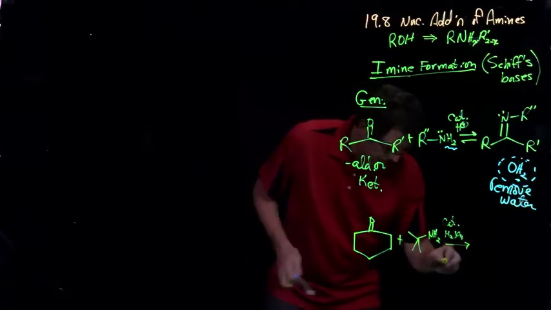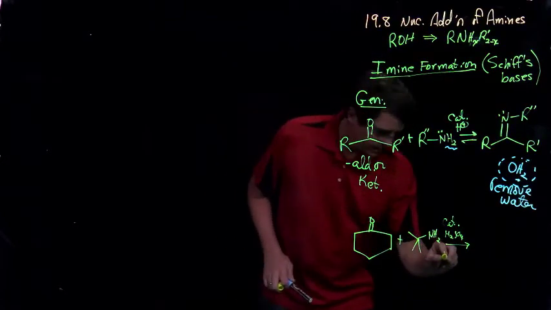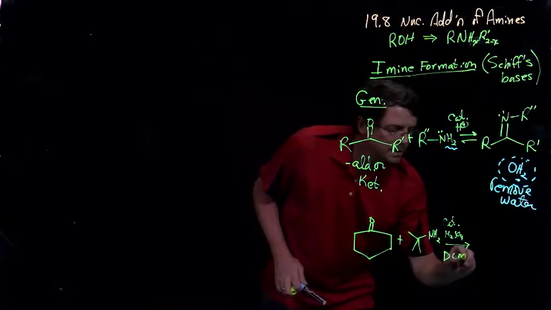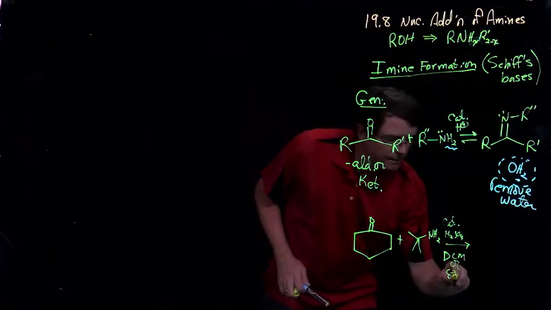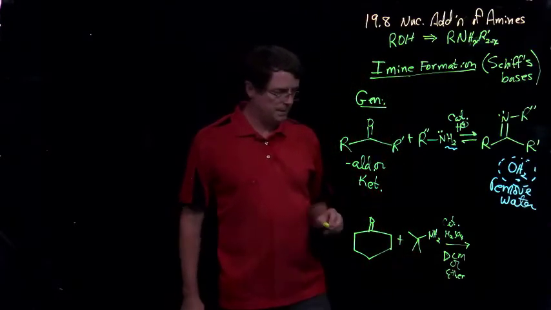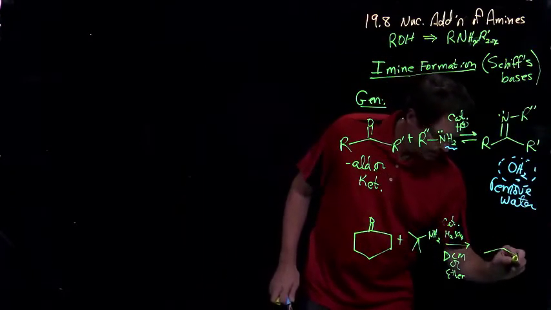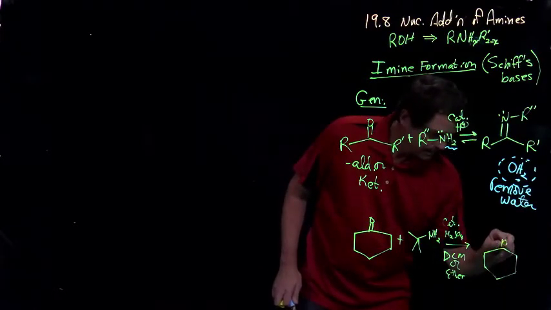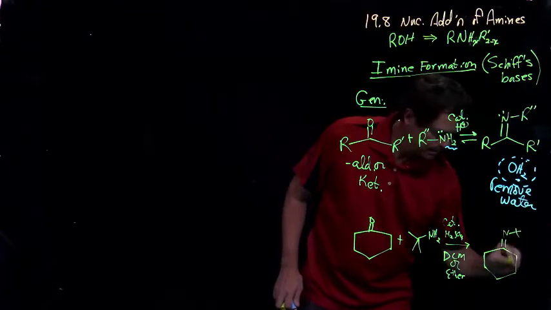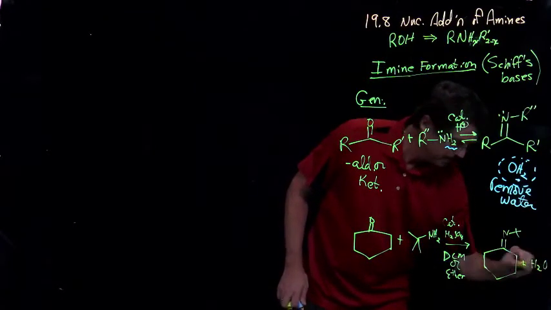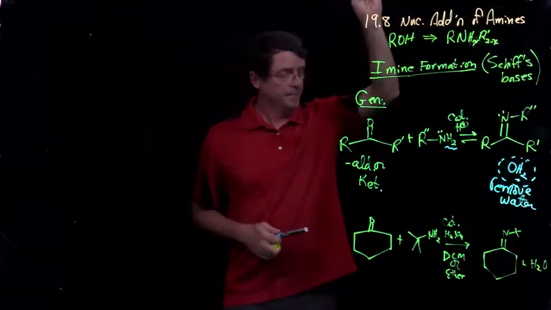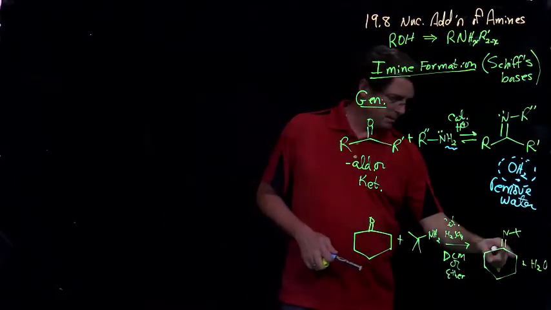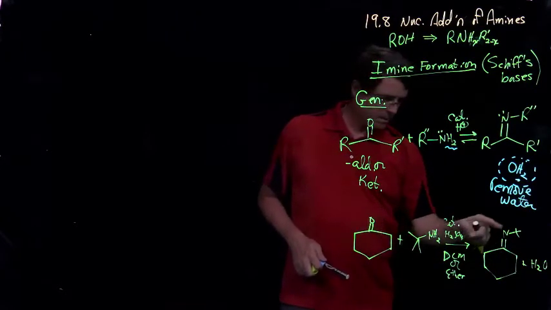These are commonly done in ethereal solvents or DCM, DCM or ether, depending on the solubility that we have or we want. So there's the formation of the imine with our t-butylamine here, and we replace the C=O double bond with a C=N double bond.